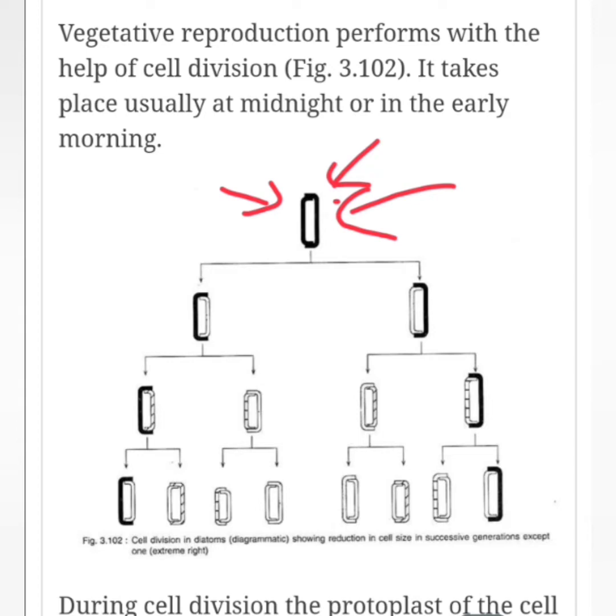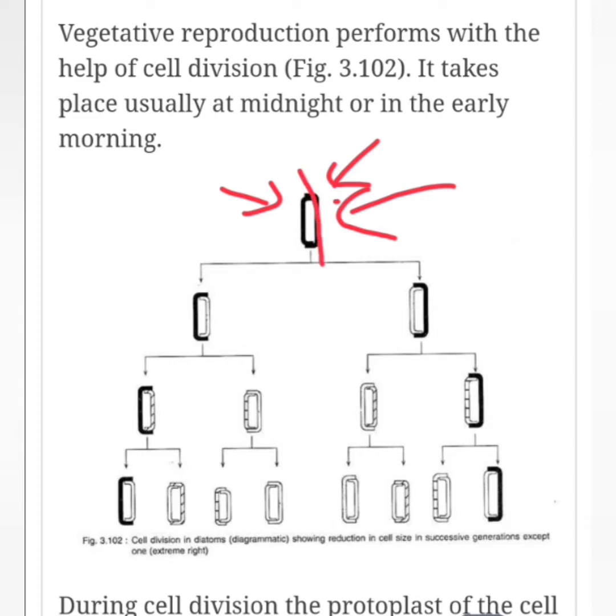The protoplast inside enlarges in size, and the cell thus increases in volume and slightly separates both the theca. During separation, even the protoplast will get separated into half longitudinally, this way.